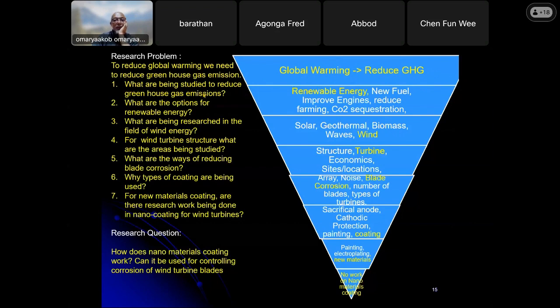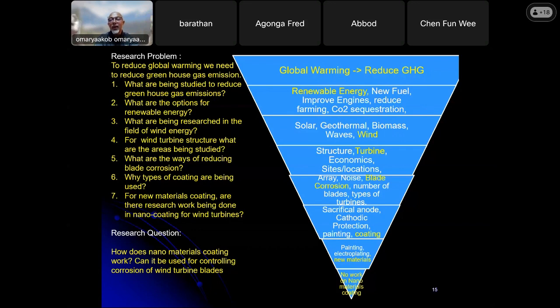What are being studied to reduce greenhouse gas emission? We need to look at the literature, at what researchers are doing to reduce GHG. Many groups of works are being done on renewable energy, new fuel, improving engine performance, reducing farming, CO2 sequestration, etc. So there are many people doing work.